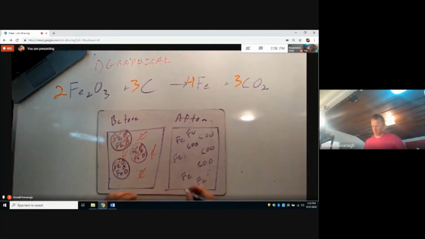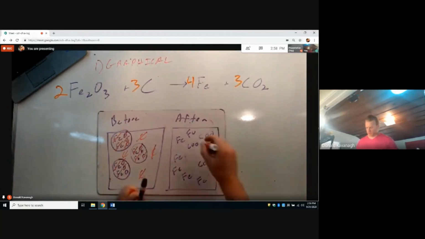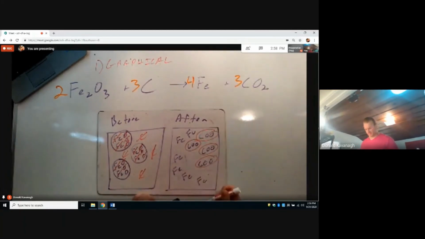I could make maybe one more iron, but I have an excess of oxygens left here. So the maximum number of CO2s that could be produced is 4. And the maximum number of irons that could be produced is 6.